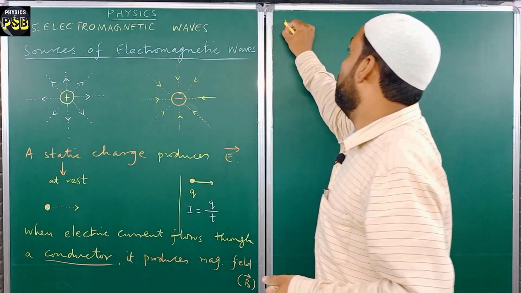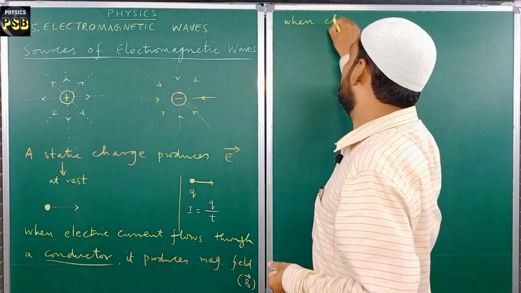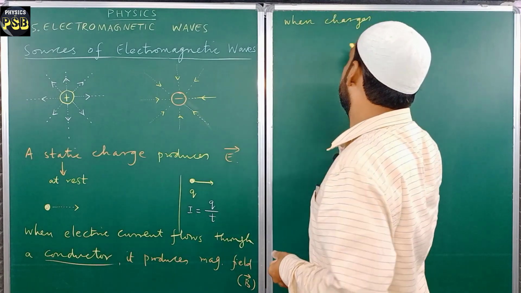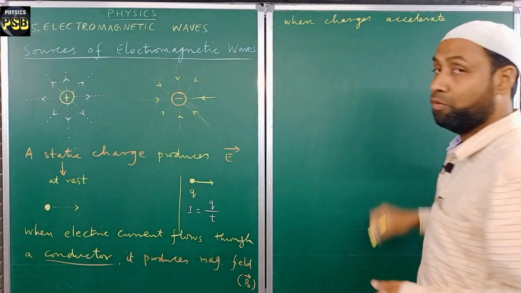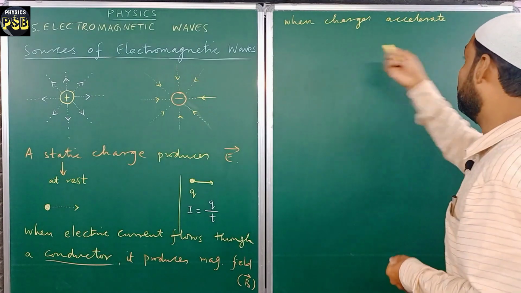So, when charges accelerate, when their velocity changes, then they accelerate.